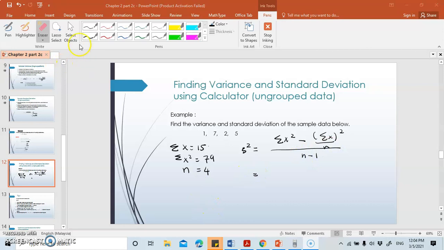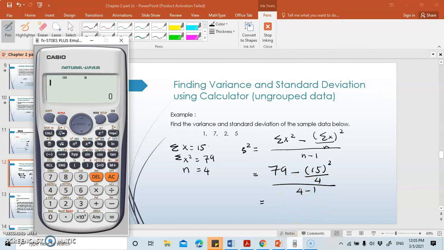Now plug in everything into the formula. 79 minus 15 square over 4, over 4 minus 1. Without having to simplify this calculation, you can use scientific calculator to get the final answer.